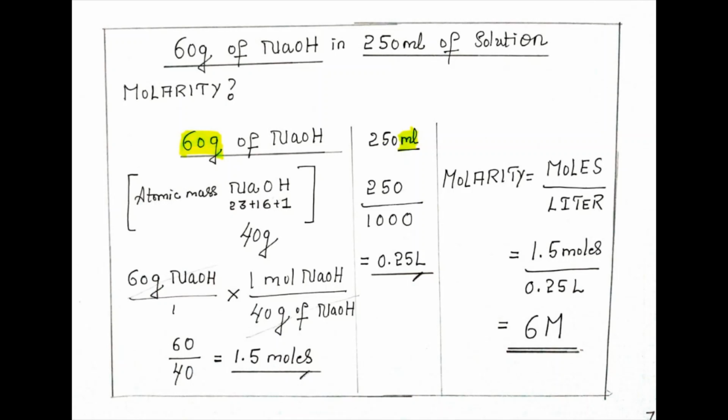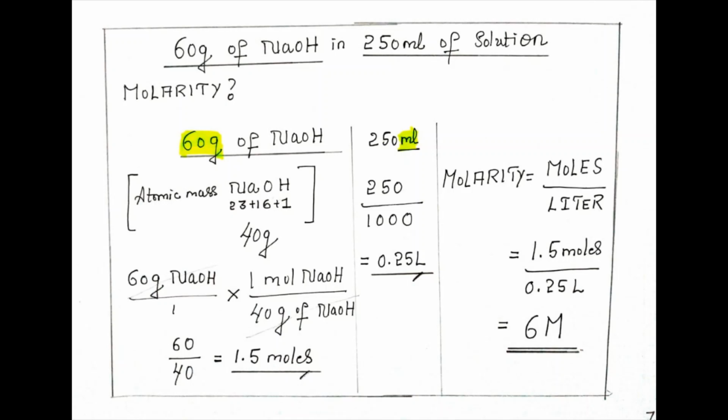Observe the first column. In this way, you can convert gram into moles. And observe the second column, it is 250 ml. So 250 ml, you have to convert it into liter. How to convert? 250 by 1000. 1 liter is 1000 ml. So convert 250 ml into liter, 250 by 1000.